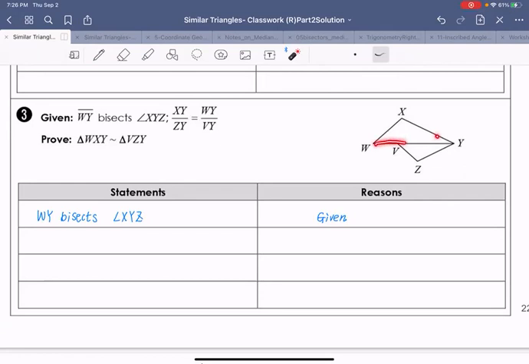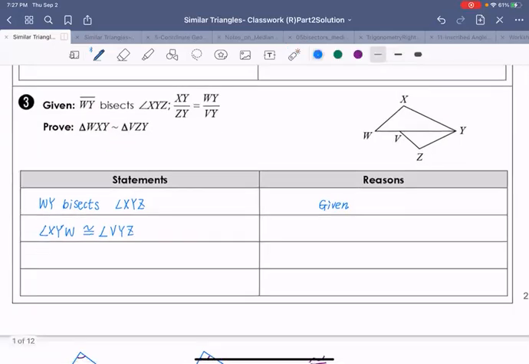When they say this guy bisects this angle, what conclusion you want to say? VYX equals VYZ. Because we started with the big triangle first, we say this angle on the left equals this angle. Okay? Here. Definition of a bisection.